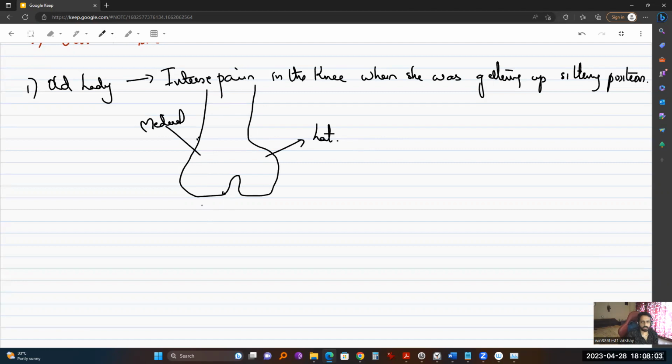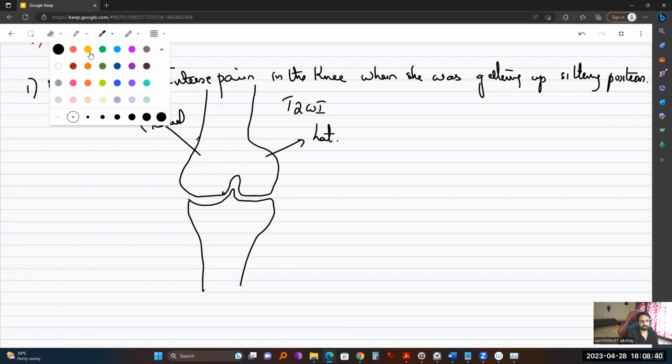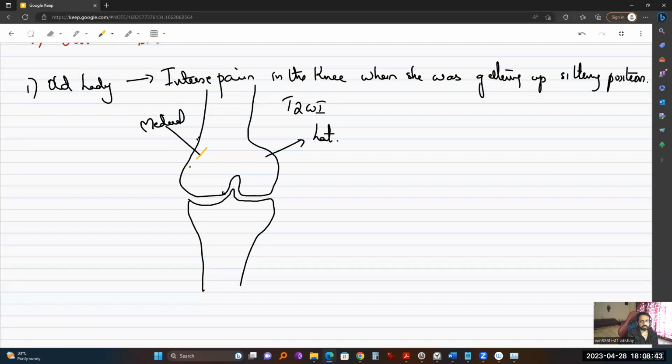On a T2 weighted image on the MRI, we see a lot of edema, which should be white in color, in the medial aspect, the medial femoral condyle.